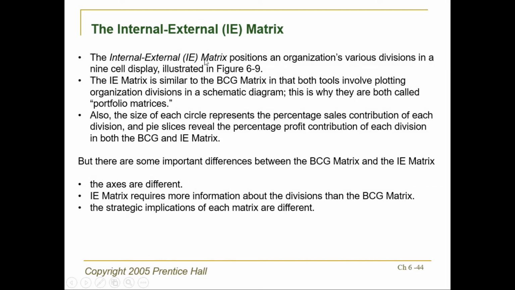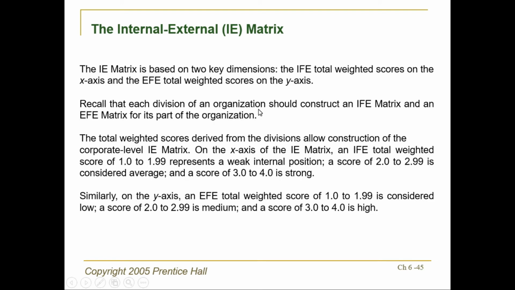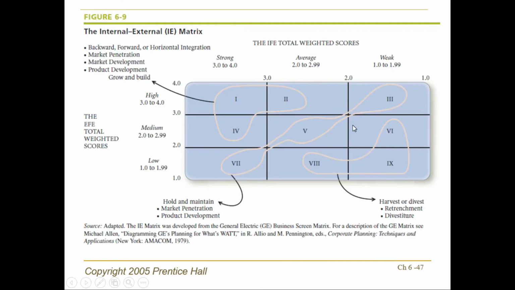You have the internal, external matrix, which positions the organization's various divisions in a 9-cell display illustrated in figure 6.9. It is like that one. Here the thing is the same, but there is a little difference.